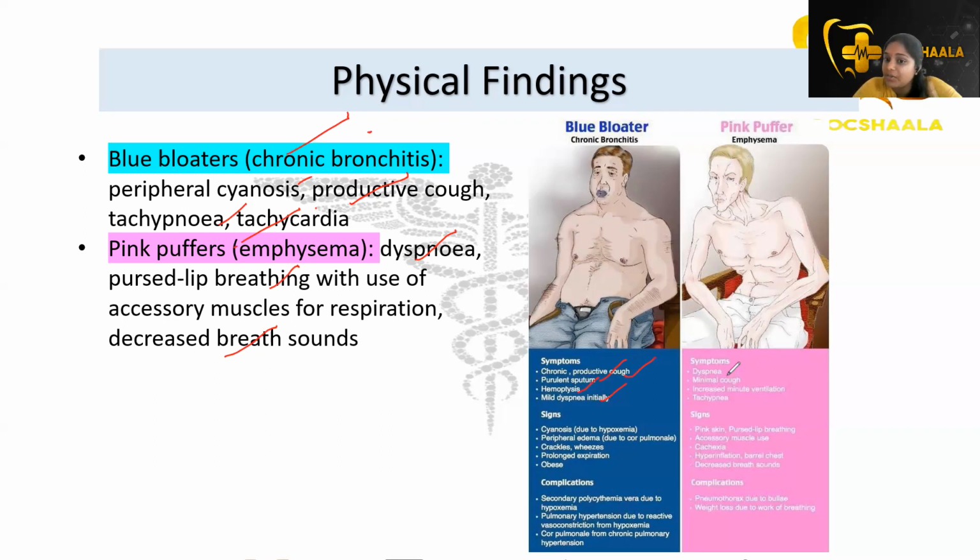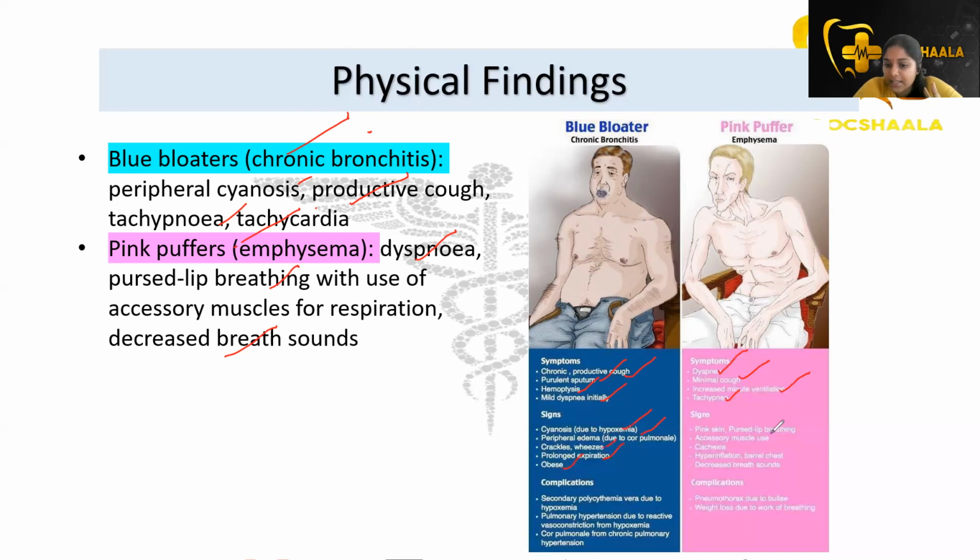Then symptoms with pink puffer are dyspnea, minimal cough, increased minute ventilation, and tachypnea. Then signs which we see in blue bloater are cyanosis due to hypoxemia, peripheral edema due to cor pulmonale, crackles, wheezes, prolonged expiration, and people are obese. Mostly people with blue bloater are obese.